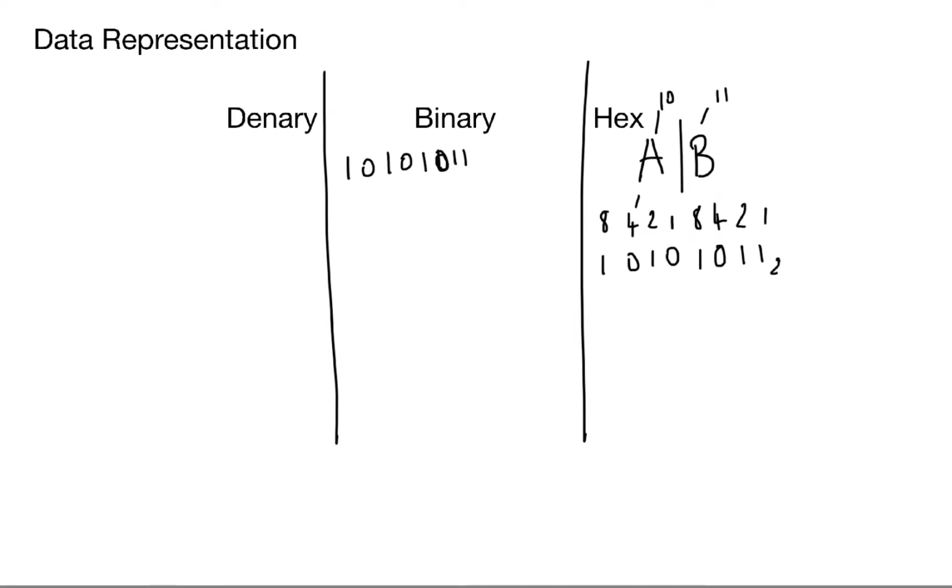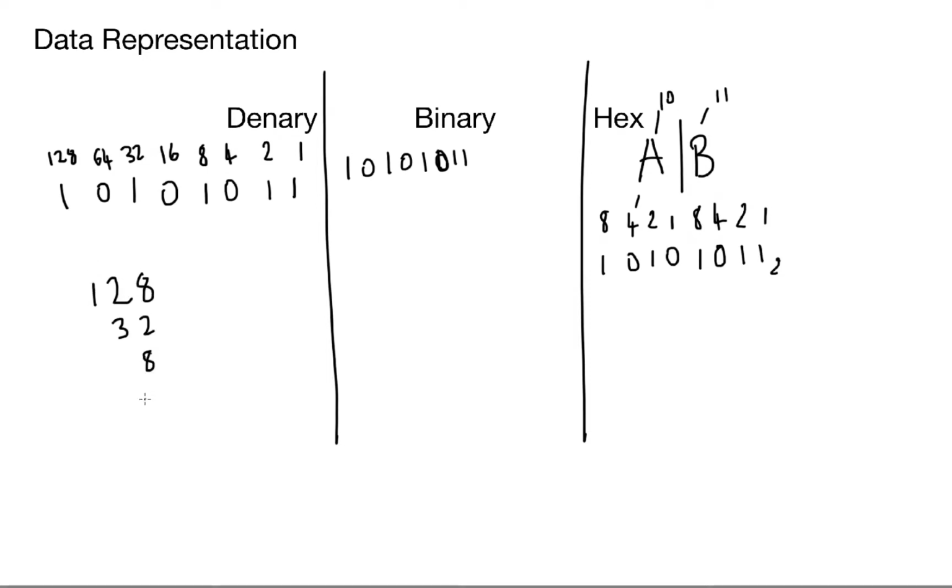I put the two together to produce my binary number in base 2, and then I convert that binary number into denary by putting all my binary values at the top and simply adding the numbers 128, 32, 8, 2 and 1. So that produces 171. And that's my base 10 equivalent of the hexadecimal AB.